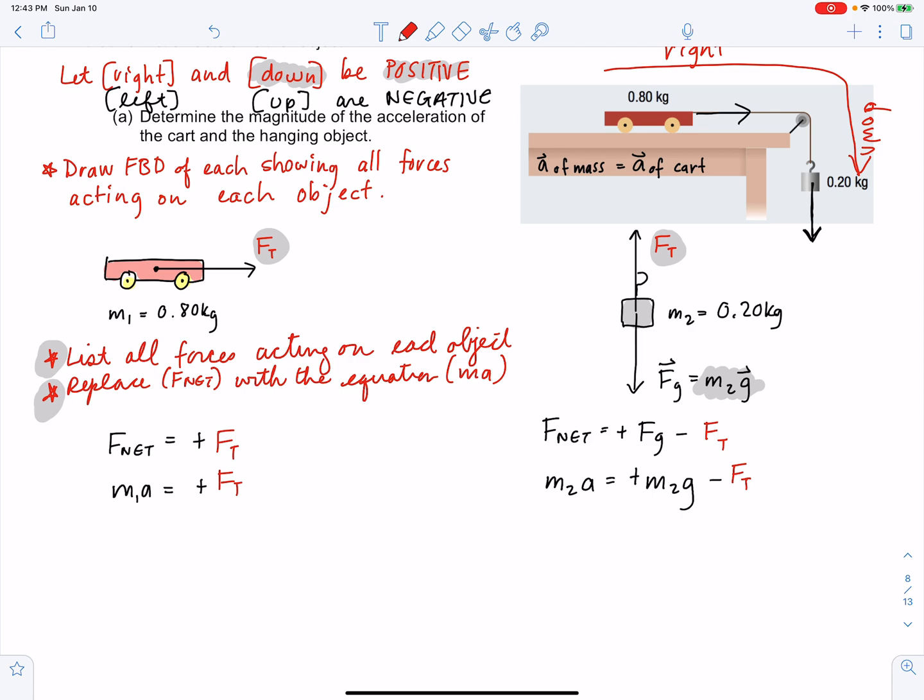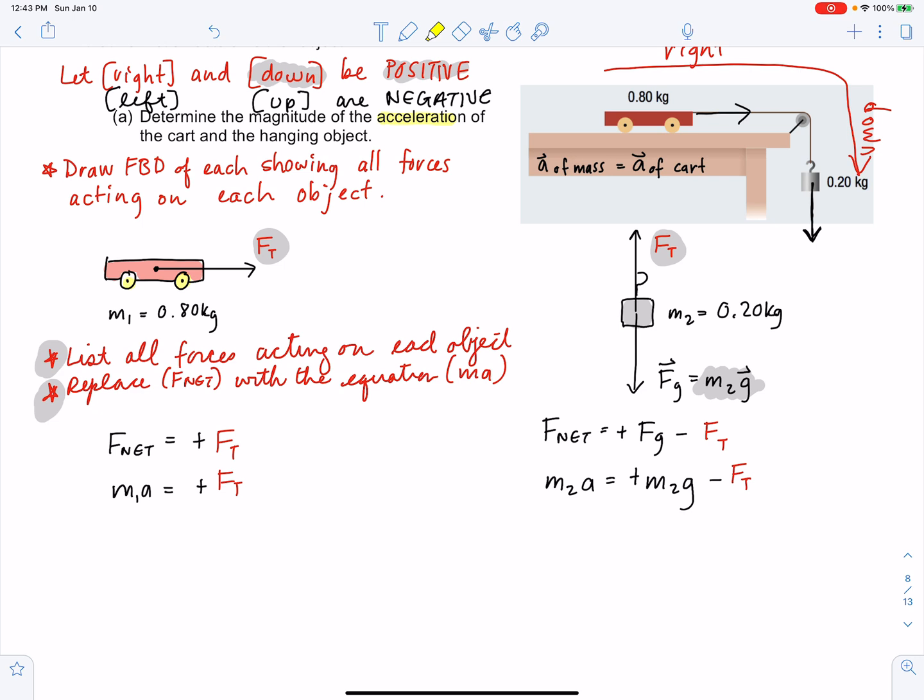The whole point of this question was to determine the acceleration of the object. I have acceleration in this equation here, but I also have another unknown, which is tension. In the second equation, I have acceleration, but also another unknown. So I have 2 unknown variables in these 2 equations, and in math, whenever you have 2 unknown variables, you have to remove one of them.